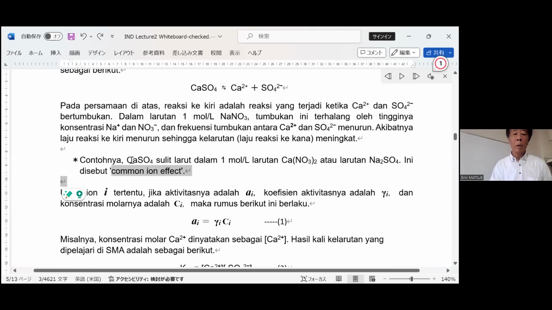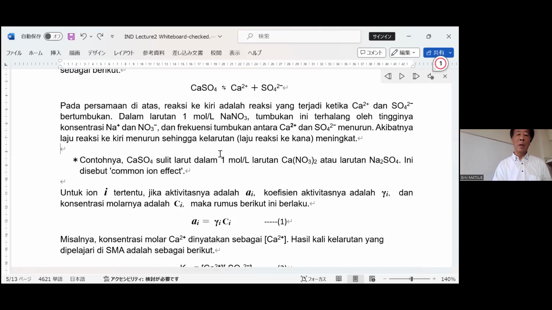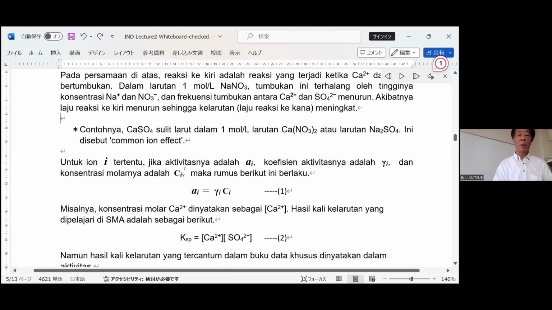In case of calcium sulfate, CaSO4 cannot dissolve in calcium nitrate or sodium sulfate. This is called the common ion effect. Okay, please study by yourself after this lecture what the common ion effect is.